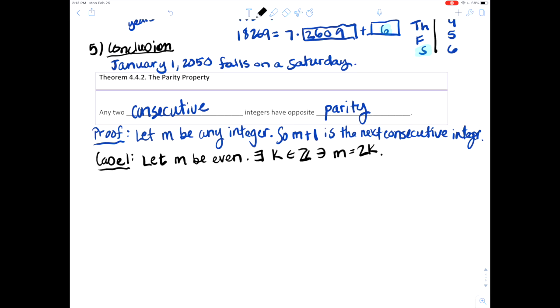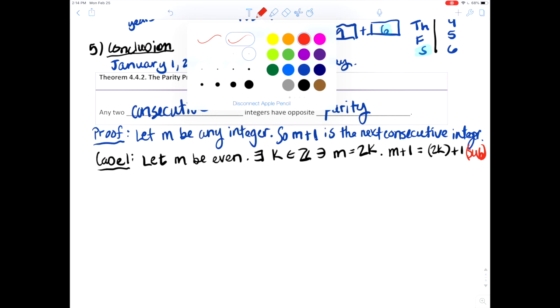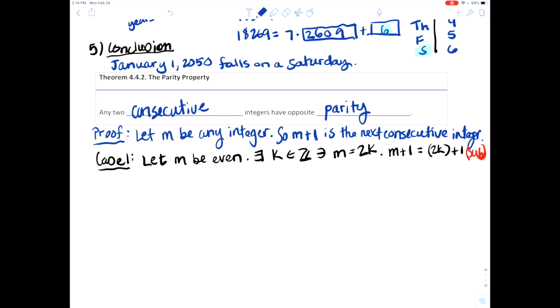All right, well, what's m plus 1 going to be? m plus 1 would then be 2k plus 1 by substitution. And what is 2k plus 1 by definition?